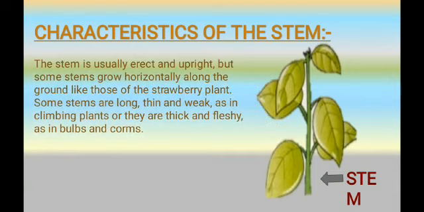The stem is the upright, erect part of the plant, but some stems grow horizontally along the ground, just like a strawberry plant. Some stems are long, thin and weak. They are climbing, and some are thick and fleshy, just like the onion bulb.